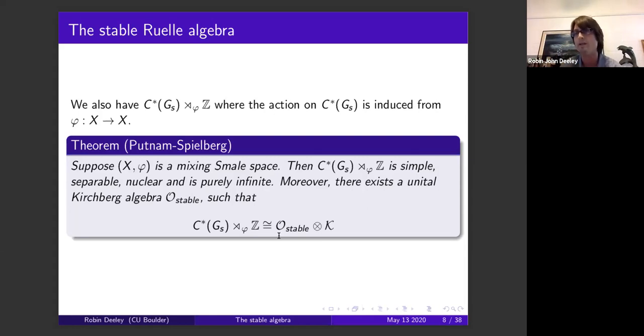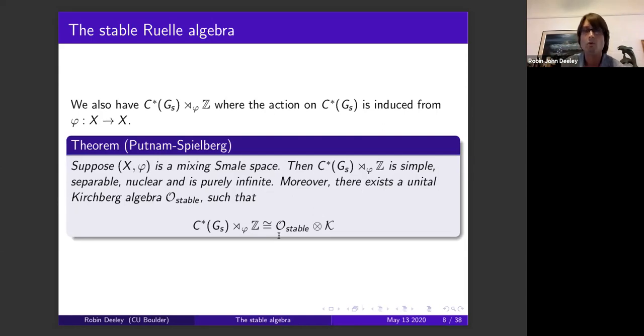Now it's purely infinite rather than stably finite. So we have, in one case, a stably finite C-star algebra. We take its cross product with the integers, and we get a purely infinite C-star algebra. This one is due to Ian Putnam and Jack Spielberg. This predates the stuff on the previous slide with the stable algebra.